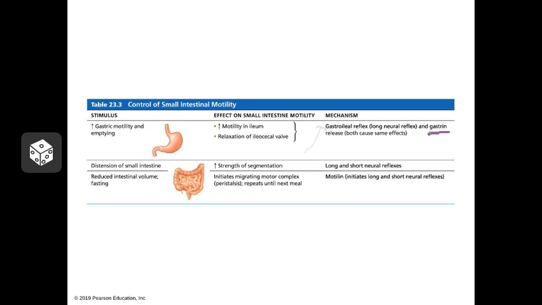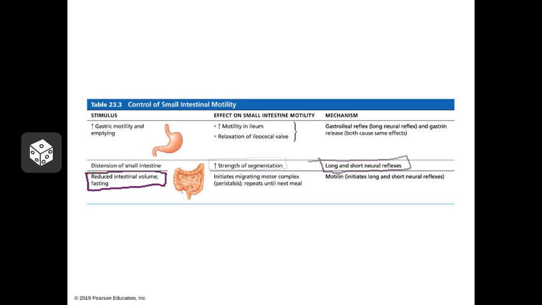On the other hand, we may see distension of the small intestine, and that will increase the strength of segmentation, and that is triggered by both long and short neural reflexes. The flip side of that is to reduce intestinal volume.